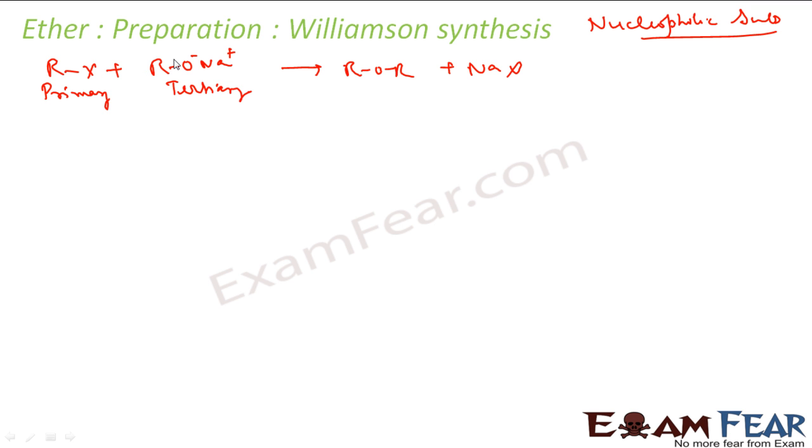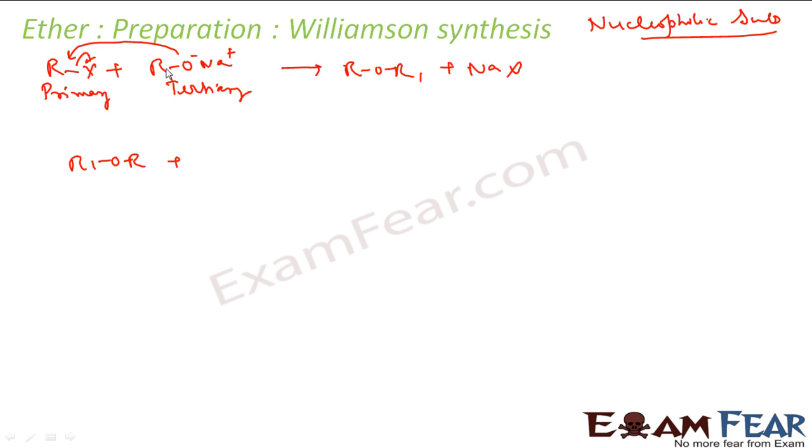This RO minus is a nucleophile, it will attack this R and this X minus will come out. So with this, let's suppose this is R dash, you get R dash OR plus NaX.